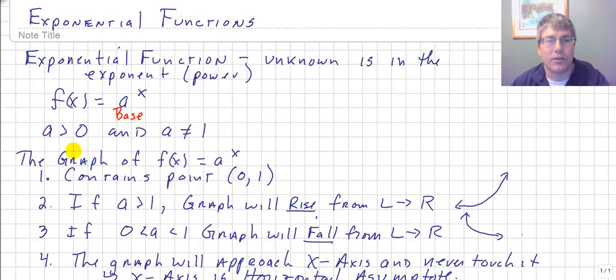Now there are some restrictions on exponential functions. A, our base, must be greater than 0, and it can't be equal to 1. And exponential functions have some characteristics worth noting.